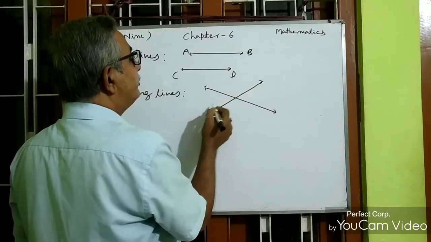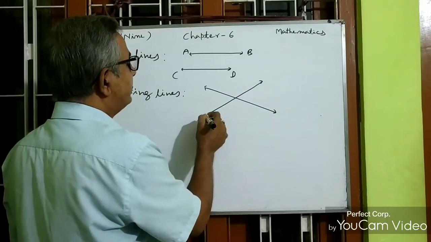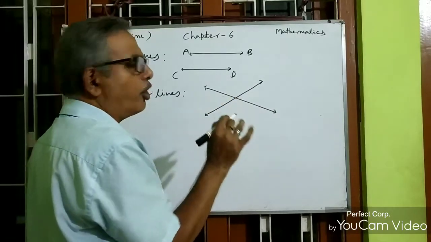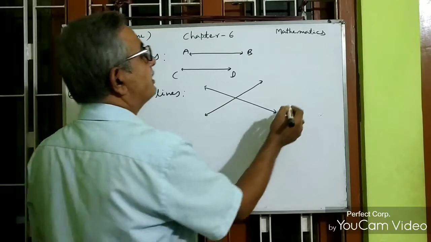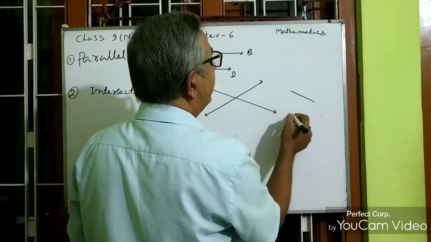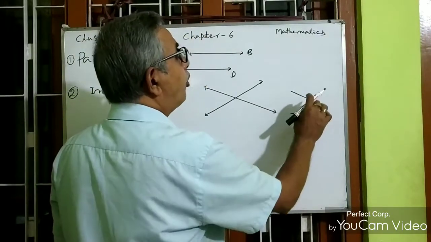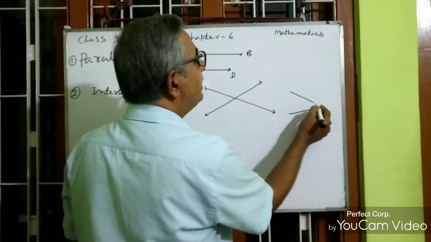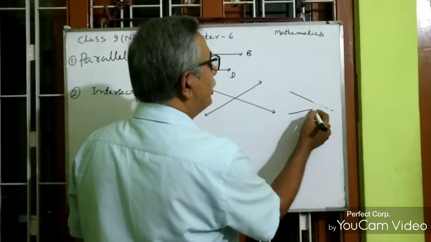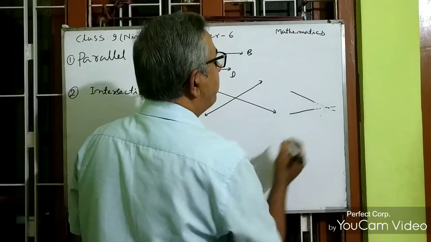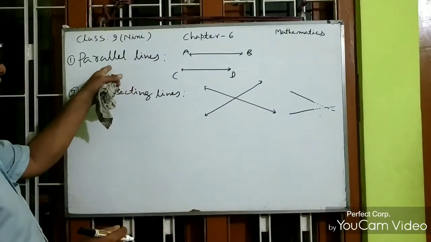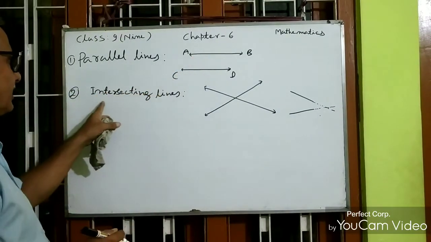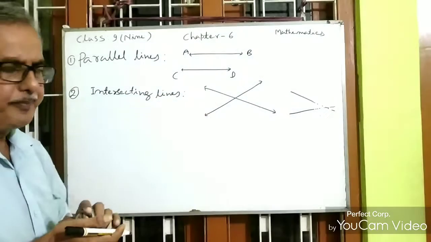These two lines intersect each other, so they are non-parallel intersecting lines. Suppose one line is like that, another line is like that, but on producing, they will meet each other, so they will not be called parallel lines. So these two are parallel lines, these are intersecting lines.